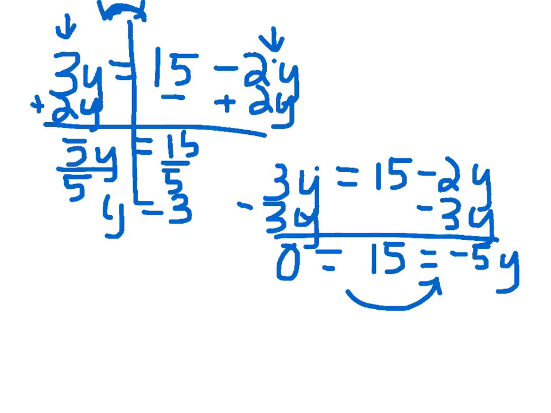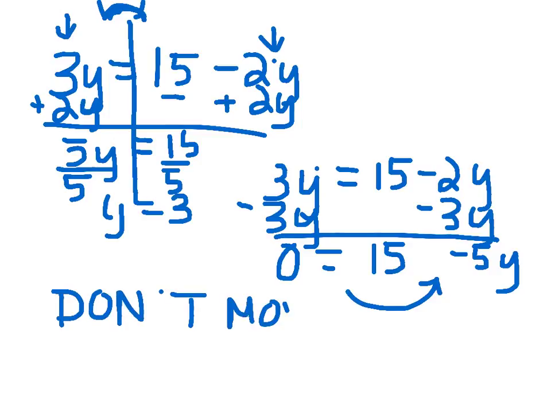Now, it should be 15 minus 5y, and if I continued from there, I could get the right answer. So, rule number 1, just a reminder, don't move the equal sign. It can be a problem.